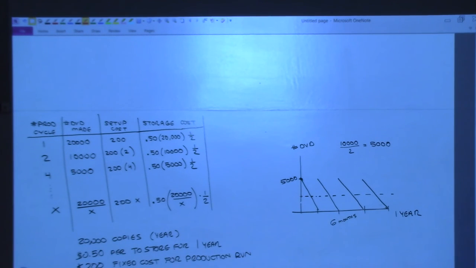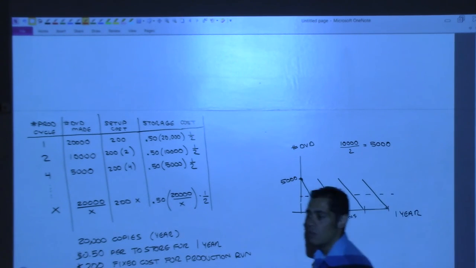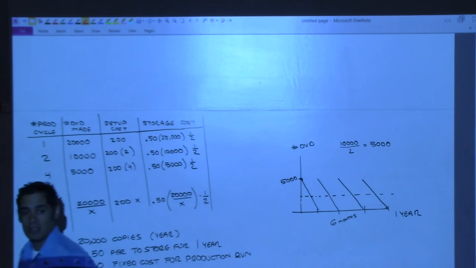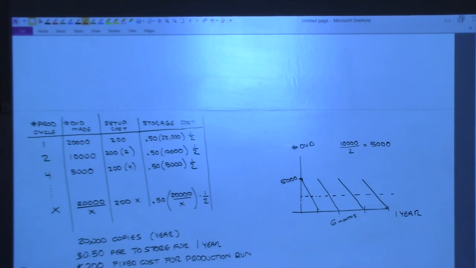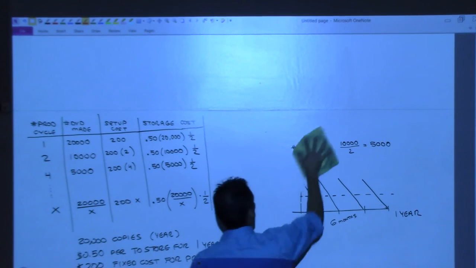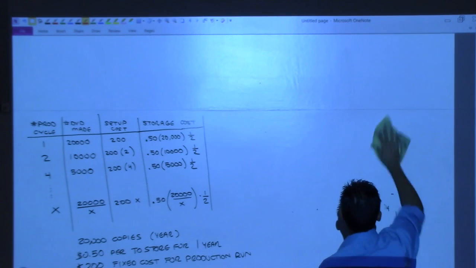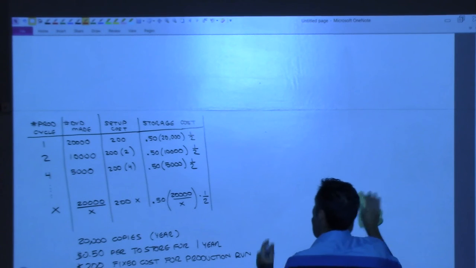But now what they wanted us to do is to determine how many DVDs need to be made per production cycle to minimize what? The costs, which is the storage cost and the setup cost together, right? Okay, so let's figure out our cost function for this. How much is it going to cost us?